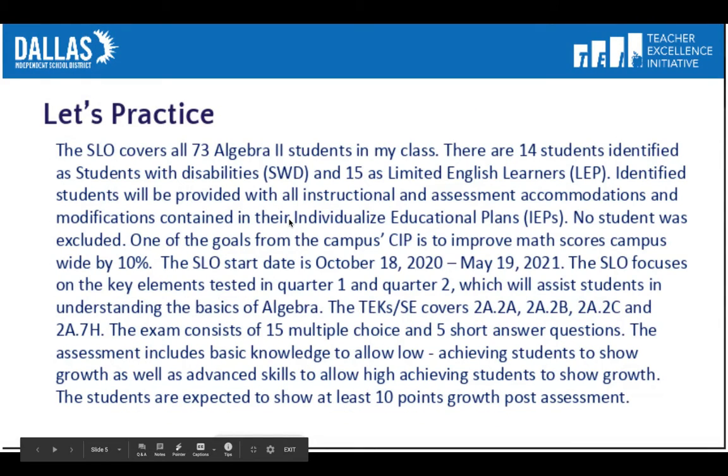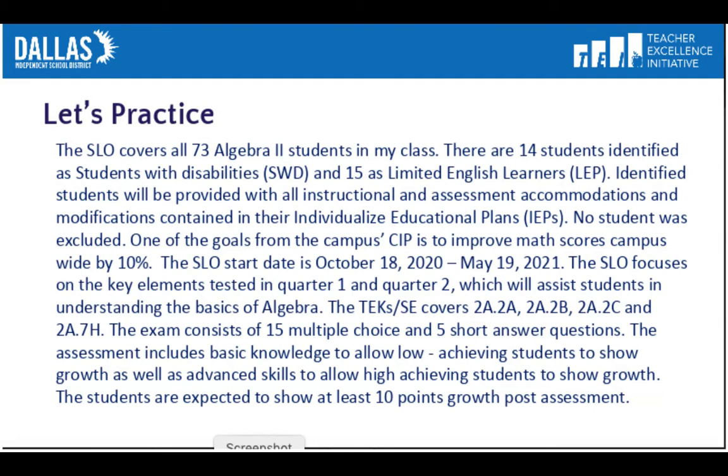Let's do a quick practice. Read over this teacher's SLO and determine if she should receive a 1, a 2, a 3, a 4, or a 5 based on the information that she has provided.